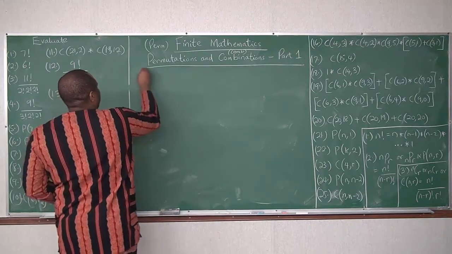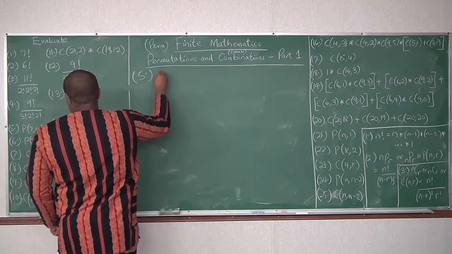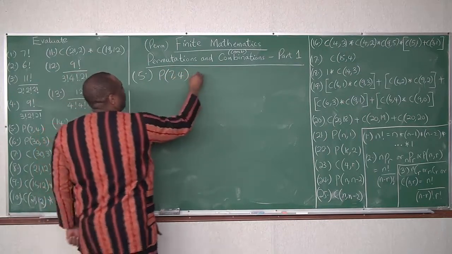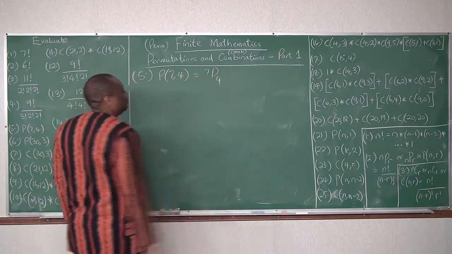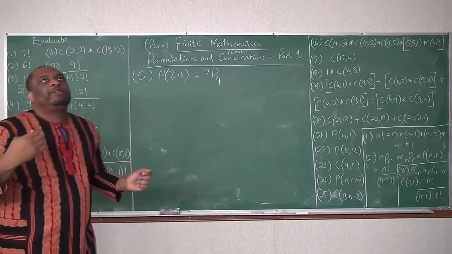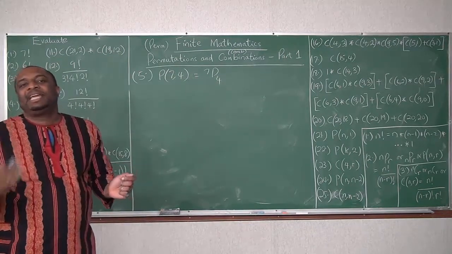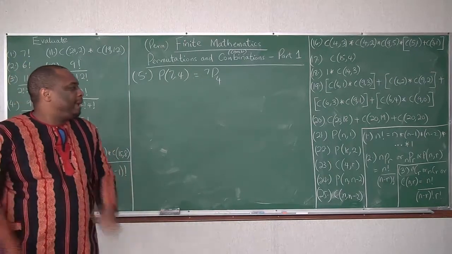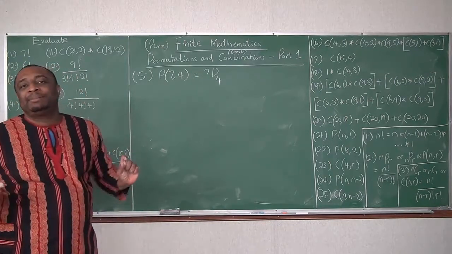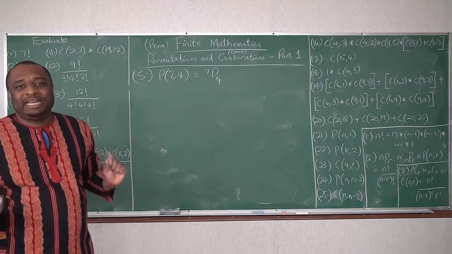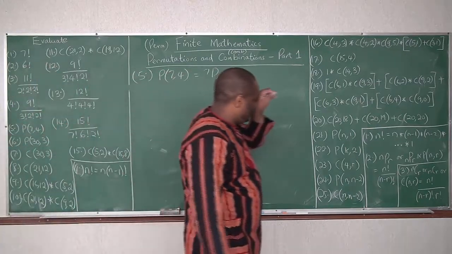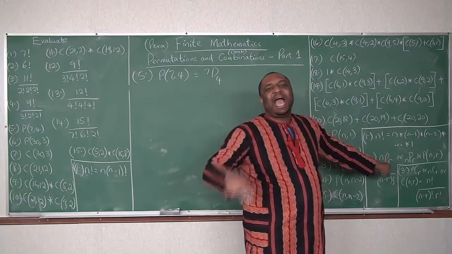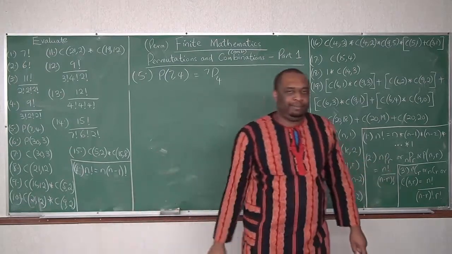Now question 5 is permutation of 7 P 4. This is 7 P 4. Permutation of 7 items taking 4 items at a time. That is what it means. Permutation of n items taking r items at a time.